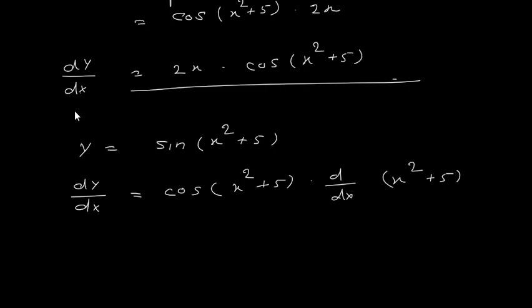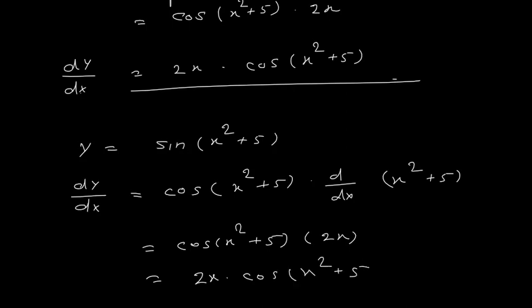Then you have to differentiate your inner function, which is x square plus 5. This is nothing but the chain rule only. So you will get cos of x square plus 5 into the derivative of x square plus 5, which gives 2x. So your result is 2x into cos of x square plus 5.